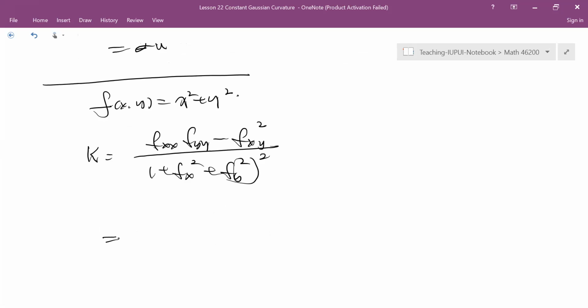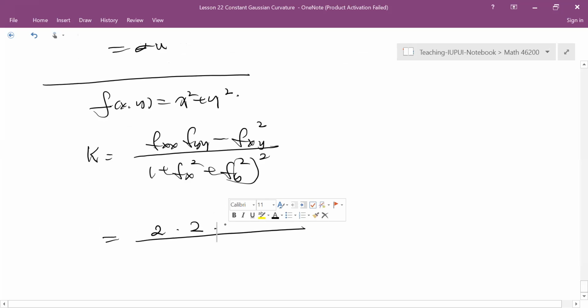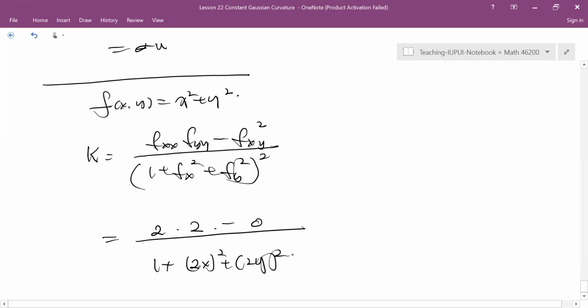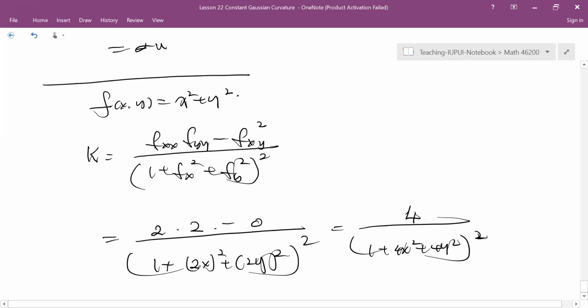You will see the paraboloid is more flat near infinity. The second derivative with respect to x is 2, and the second derivative with respect to y is 2, and the mixed one is 0. So 1 plus the first derivative squared, 2x squared, 2y squared, is 4, and we get 1 plus 4x squared plus 4y squared, squared. That is the correct formula.